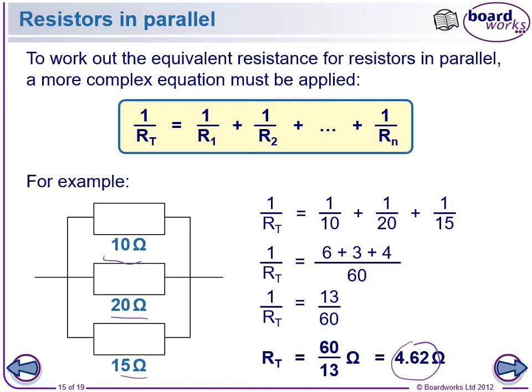The reason for this is we have, let's say, a 10 ohm resistor there, but it doesn't have an equivalent resistance of 10 ohms because our coulombs could just go through a different branch. So that 10 ohms is actually worth less than 10 ohms because we're not forcing the current through it. So basically, in a parallel circuit, the equivalent resistance should be less than each of the original resistances.